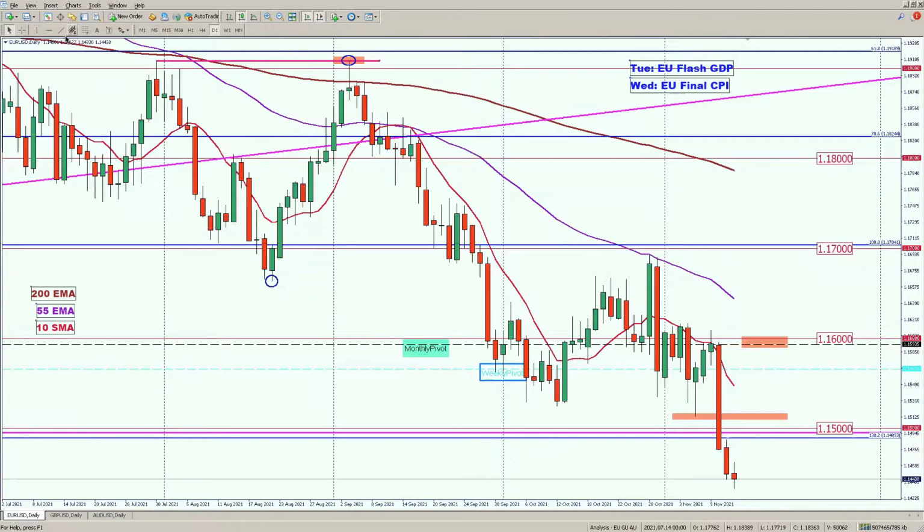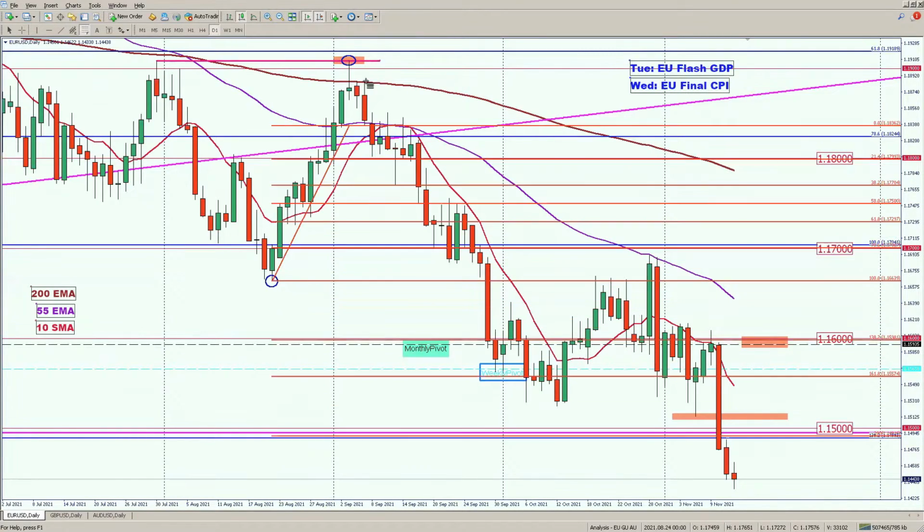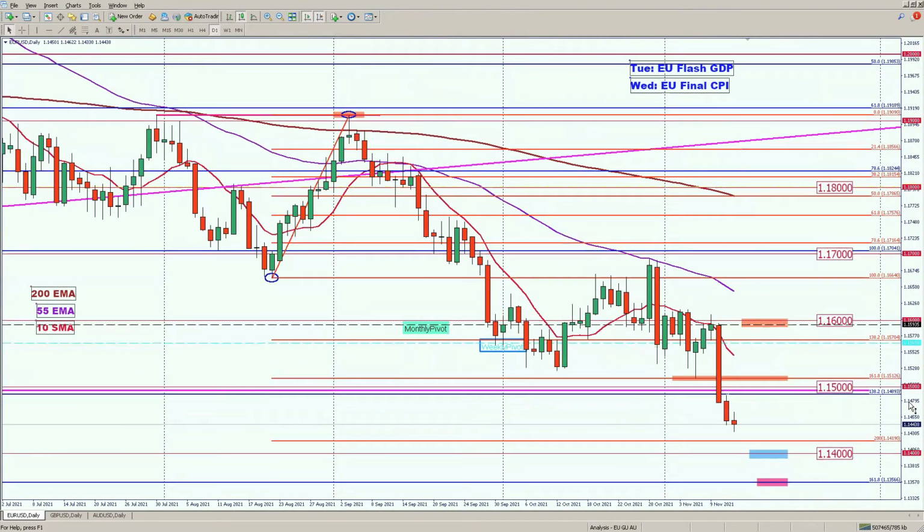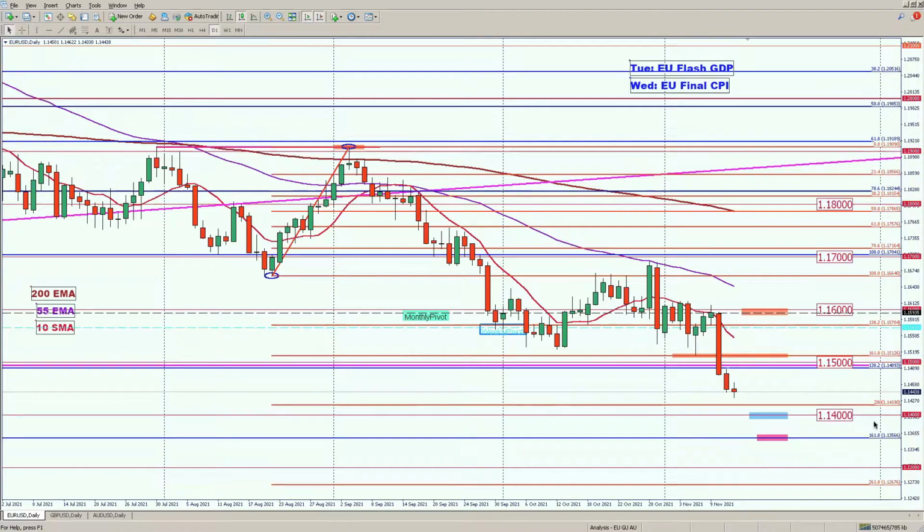We can also just leave the shorter term reversal here in red, and that's the 200 fib sitting there.